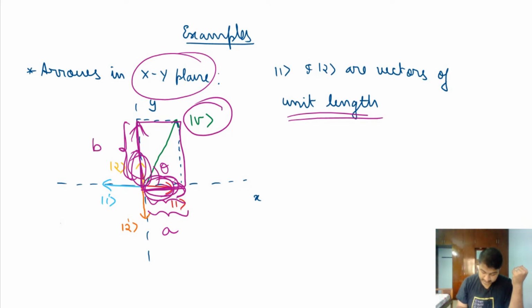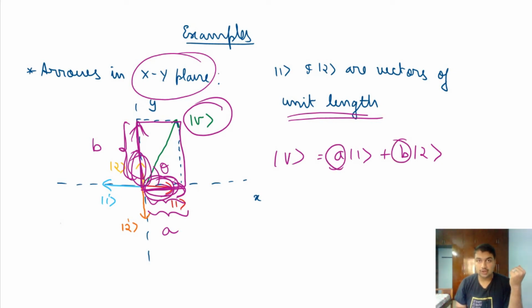Then what we get is that vector v is equal to a times vector 1 plus b times vector 2. Then we say that these a and b are the corresponding components of the vector v in this basis. If we know the length of this vector L, and if we know this angle, we can easily find the values of a and b using trigonometry, which you should already know by now.